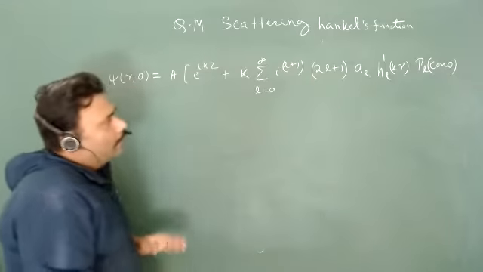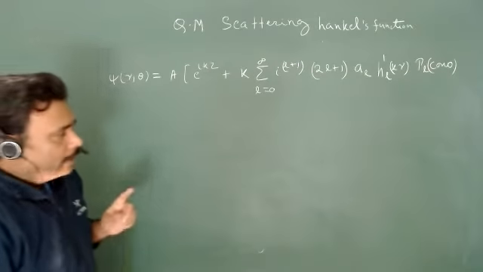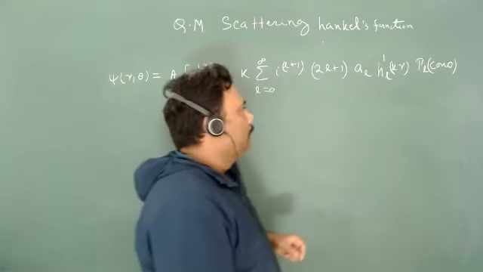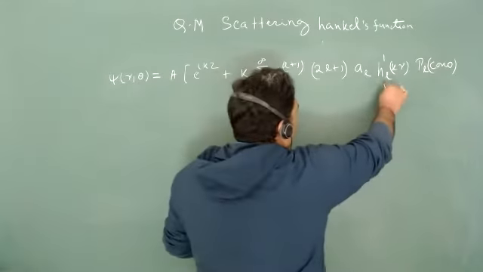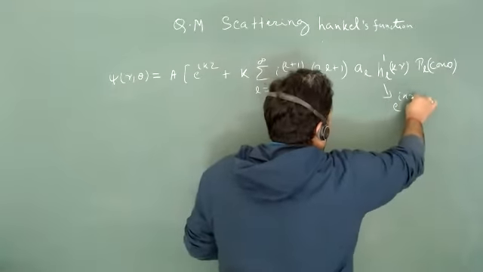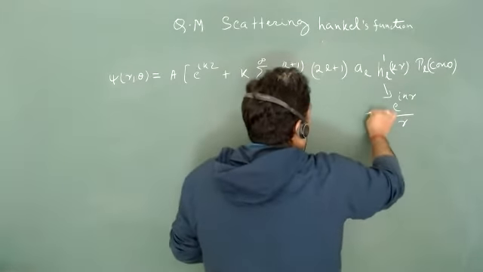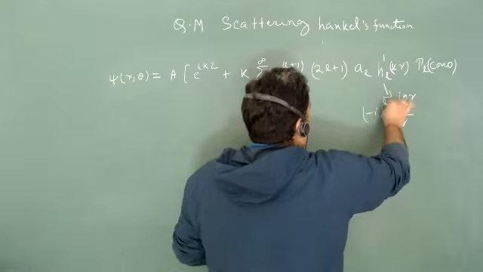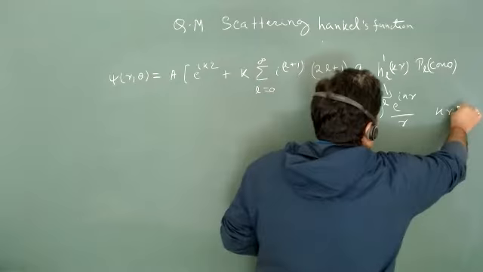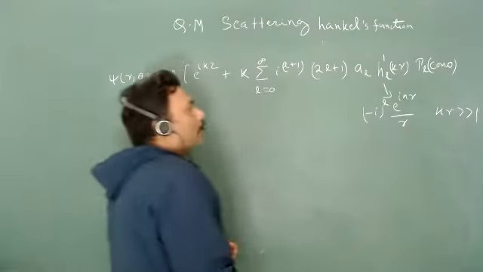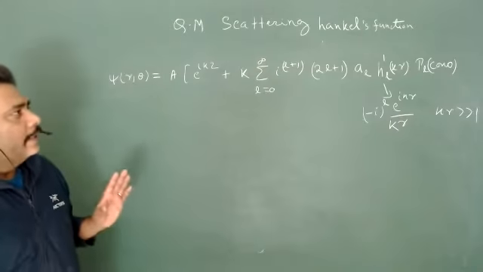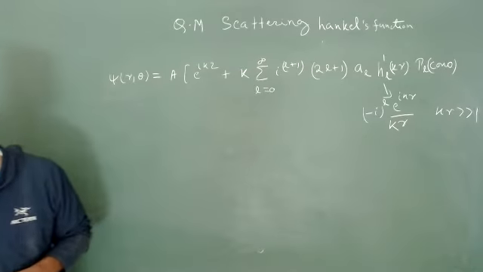This is our general solution. And what is the property of this Hankel solution? Its property is that this solution will be e to the power ikr upon r, times minus i to the power L, when kr is very, very much greater than 1. Obviously, this will be k. Are you people going to understand this thing?